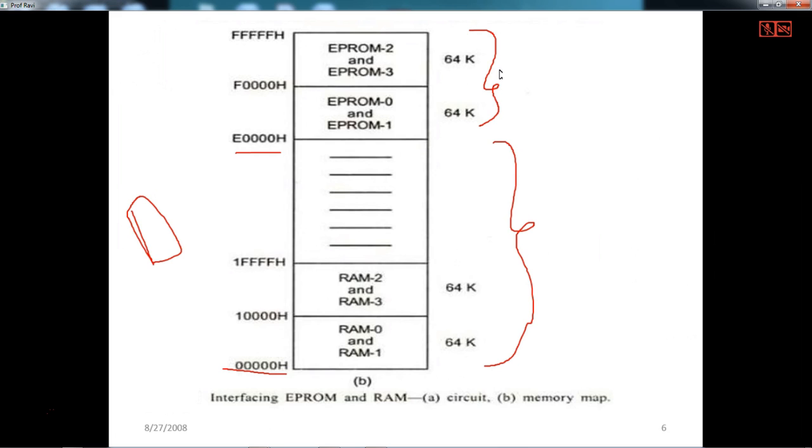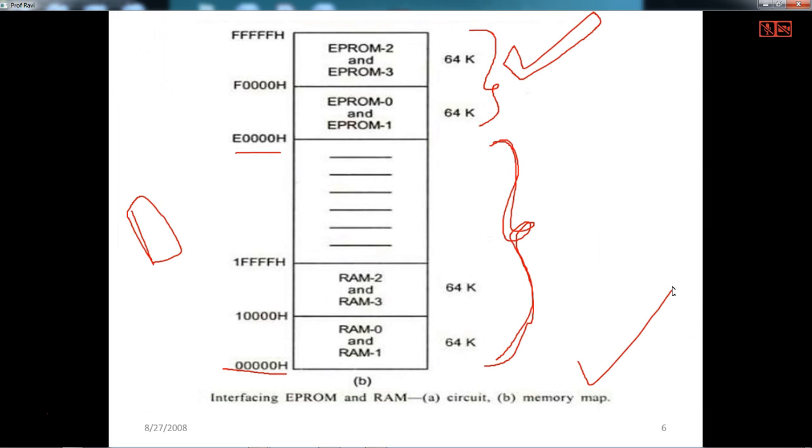Intel follows this structure. The top of the memory is where we connect the EEPROM, and the bottom, below E0000, is where you can connect your SRAM. So this is the memory mapping followed by Intel.